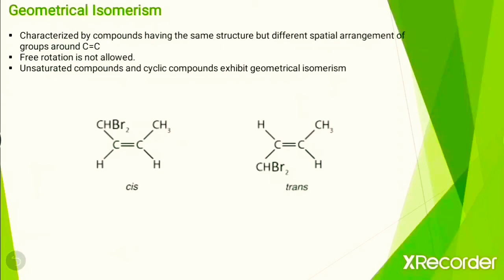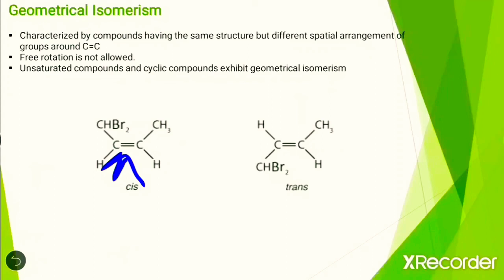Geometrical isomerism. Geometrical isomerism is characterized by compounds having the same structure but different spatial arrangement of the groups around a carbon-carbon double bond. In this compound, free rotation is not possible because of this double bond. This double bond blocks the rotation, so it cannot be rotated.